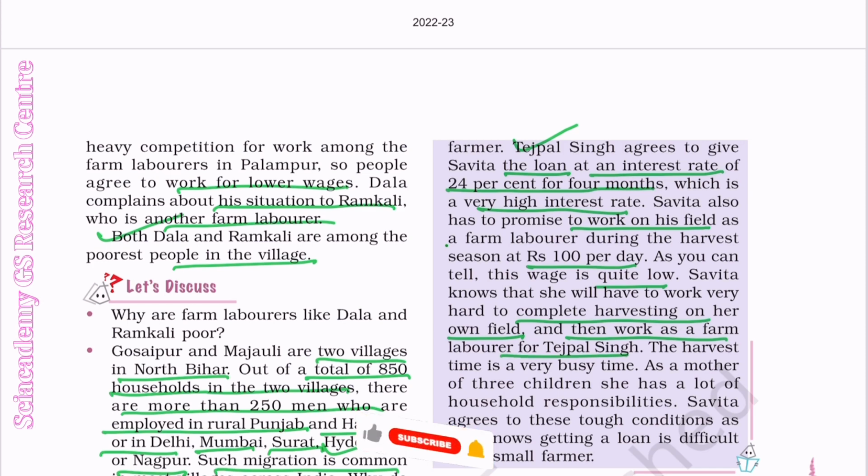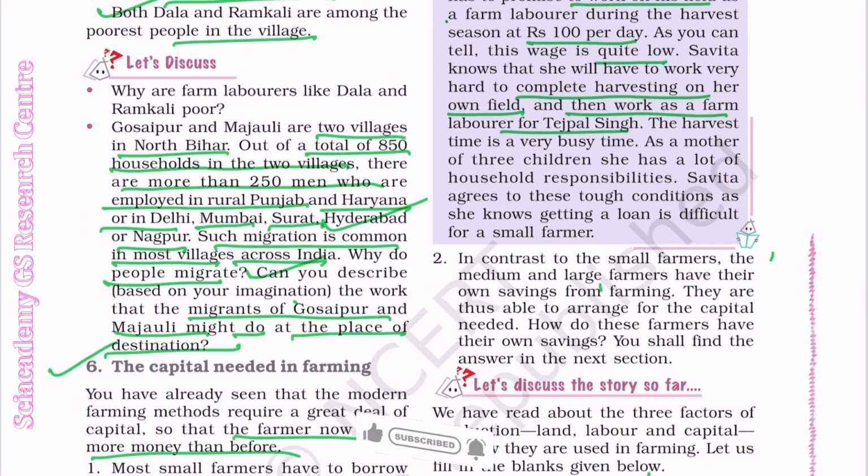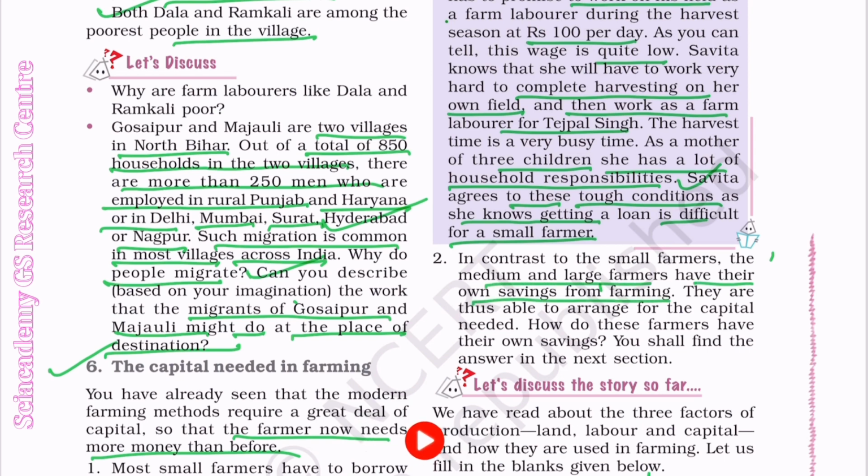The harvest time is a very busy time. As a mother of three children, she has a lot of household responsibility. Savita agrees to these tough conditions as she knows getting a loan is difficult for a small farmer. Second, in contrast to the small farmers, the medium and large farmers have their own savings from farming.